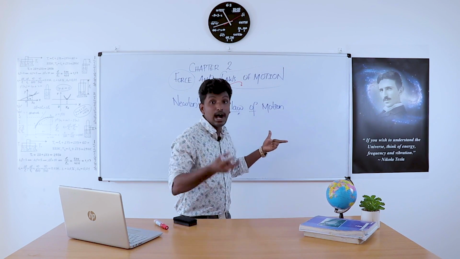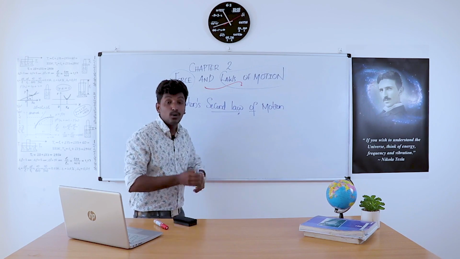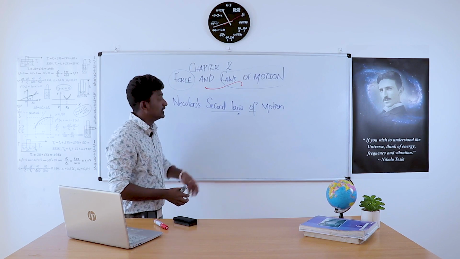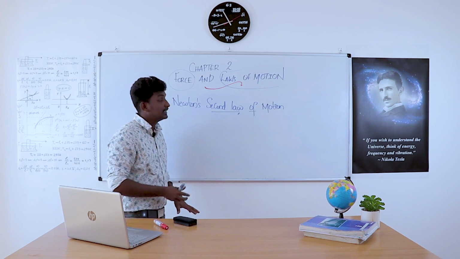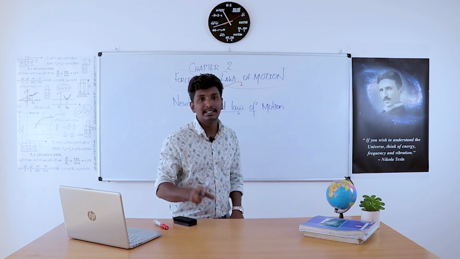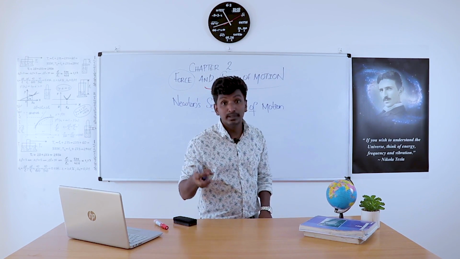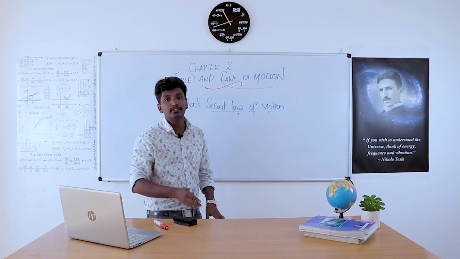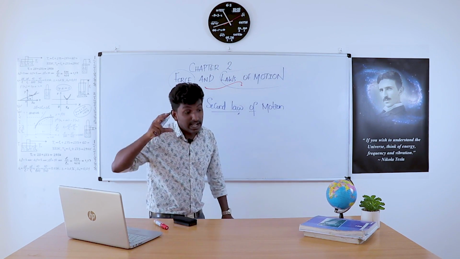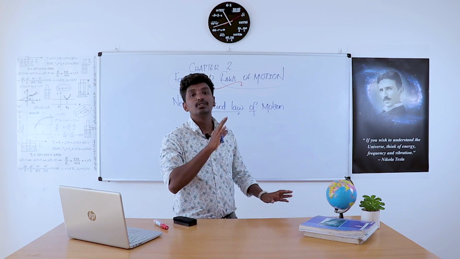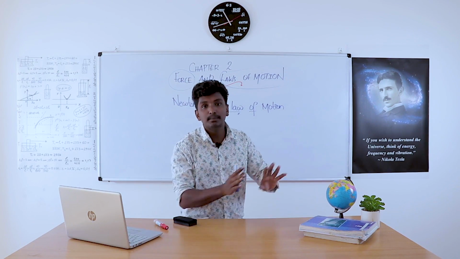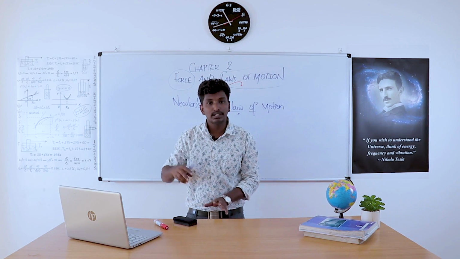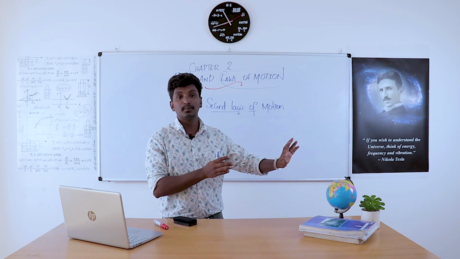Now we can look at how these two terms are connected by Sir Isaac Newton. Newton states that the rate of change of momentum of a moving body is directly proportional to the applied force and takes place in the direction of the force. That means the object will move in the direction of the applied force. We all know that a moving object always possesses momentum.